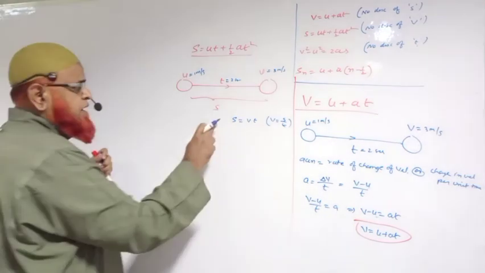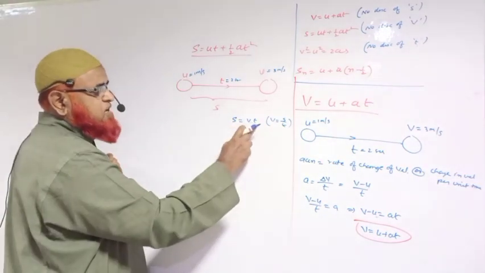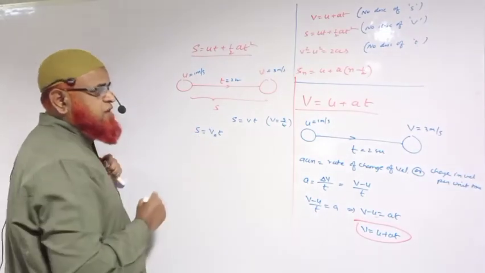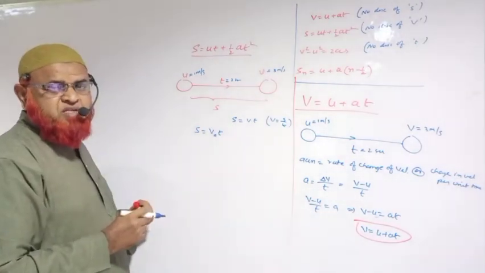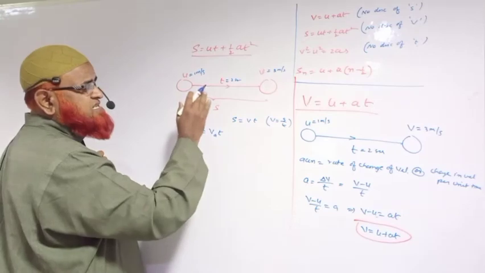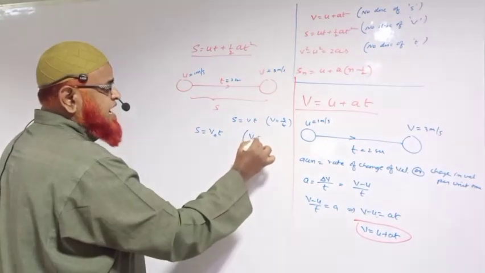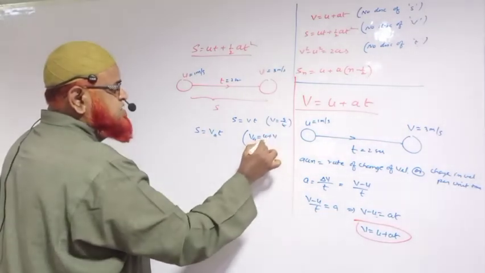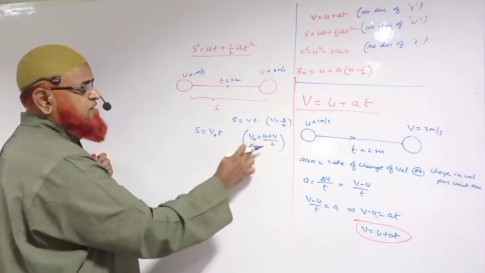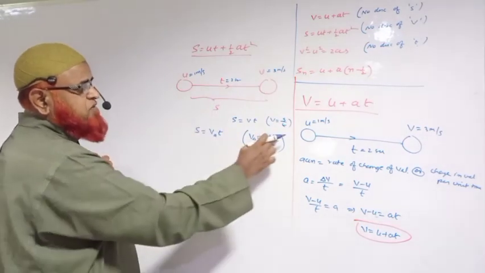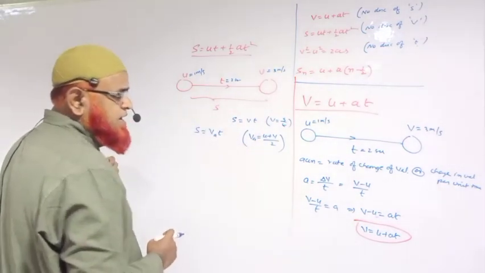In this case, instead of velocity into time, you have to write the displacement as average velocity into time, because this is a time average speed. So you can write v average as (u + v)/2, the sum of the velocities by the number of velocities.